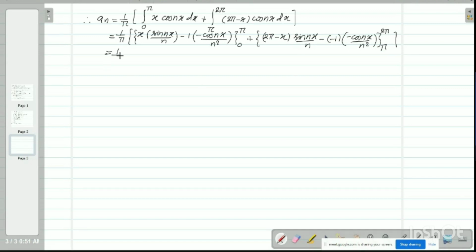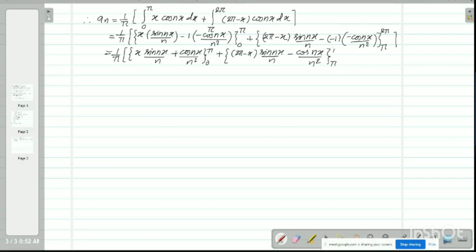So this equals 1 upon pi. Before applying the limit, just simplify the bracket first. x sine nx by n, minus minus goes plus cos nx by n square, providing limit 0 to pi, and plus 2 pi minus x, sine nx by n, minus minus plus, and again minus cos nx by n square, and providing limit pi to 2 pi.